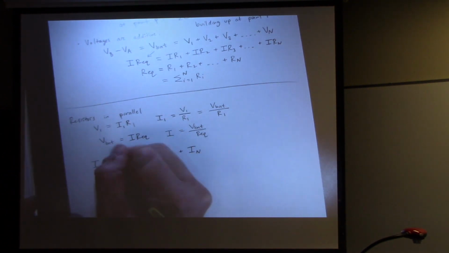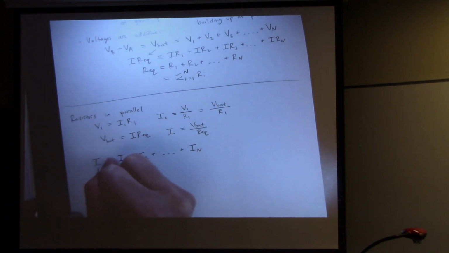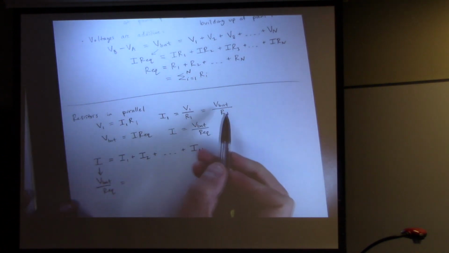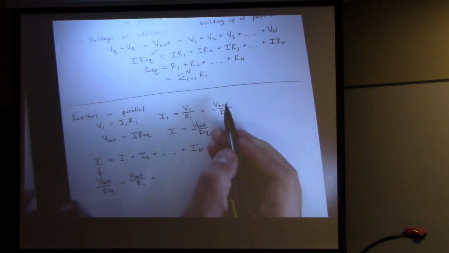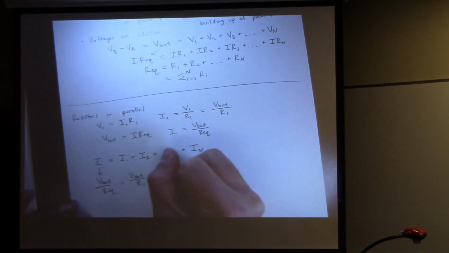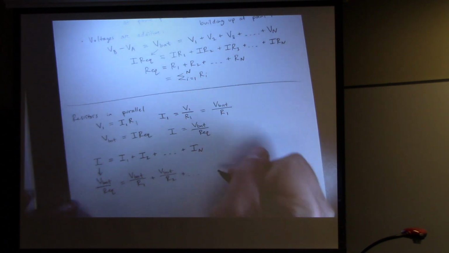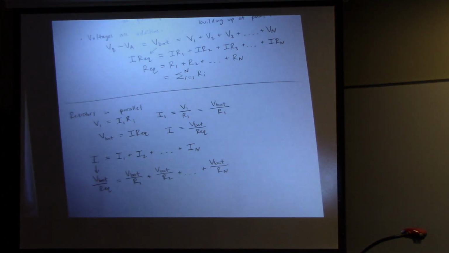The current flowing through the battery, I, can be thought of as V battery divided by Req. We said over here that I1 can be thought of as V battery divided by R1. You could make that same argument for resistor number 2, that's V battery divided by R2, and so on. The last one would be V battery divided by R sub n.